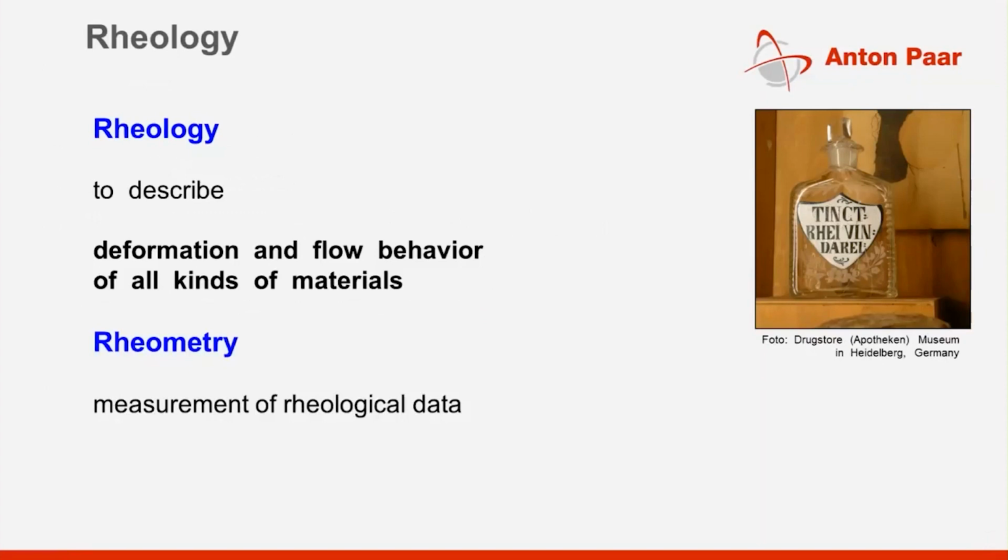The term rheometry is describing the measurement of rheological data, for example, under the use of rheometers or DSRs, dynamic shear rheometers, which can be used to determine the full sample behavior, also, for example, at different temperatures or other climate conditions.